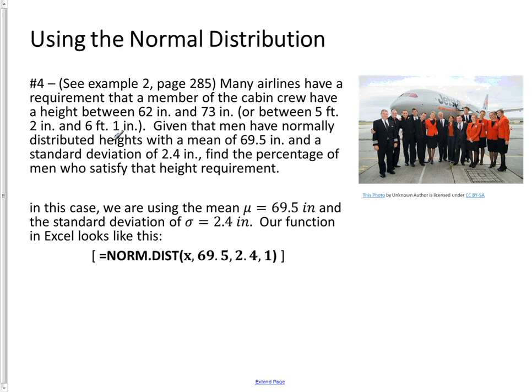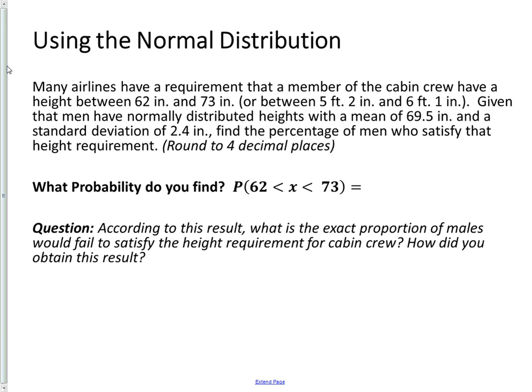In this case, we're going to be using a mean of 69.5 inches and a standard deviation of 2.4. In Excel, whenever we enter a value of x, we'll use our mean, 69.5, our standard deviation, and 1 for true, and we'll figure it out from there. So what are we really after? We're interested in the probability of finding an individual between those two heights, 62 and 73 inches.